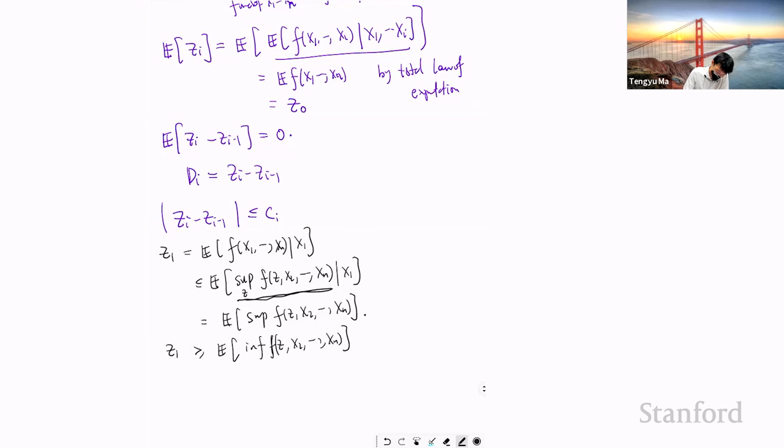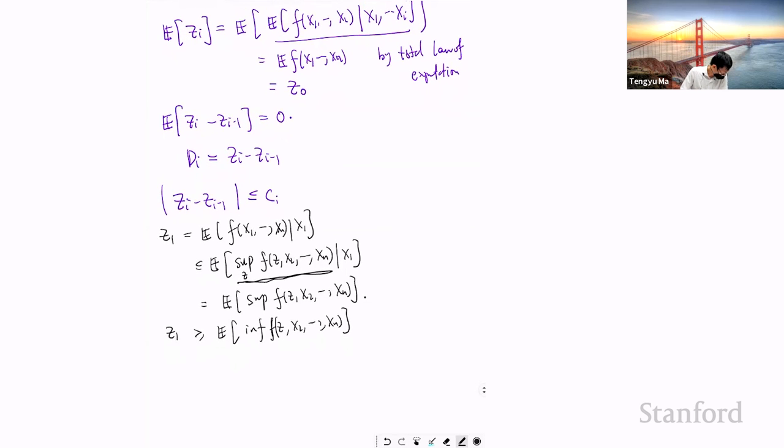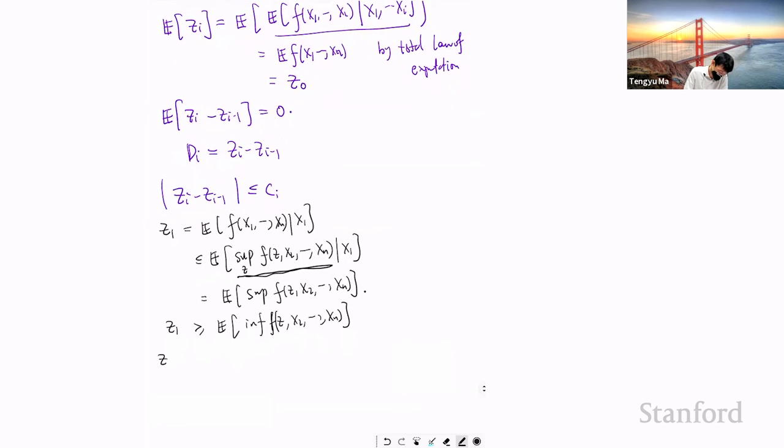So in some sense, you have an upper bound and a lower bound for z1. These two quantities are not exactly useful for the bound on their own. What's really useful is this.